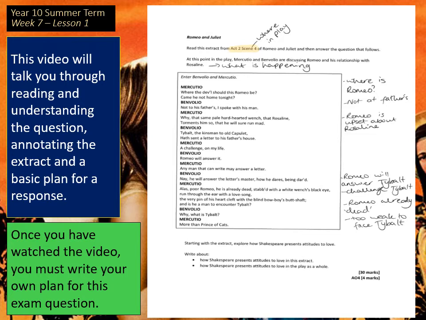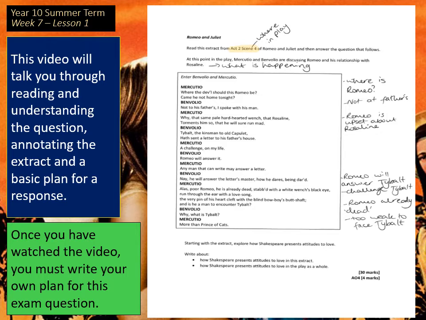To which Benvolio responds, well, why? What is Tybalt? And Mercutio begins this longer speech that we've just got the first line of there, that more than Prince of Cats. So Romeo is too weak to face Tybalt, and Tybalt is too much for Romeo because of how Romeo feels about Rosaline and what that's done to him.